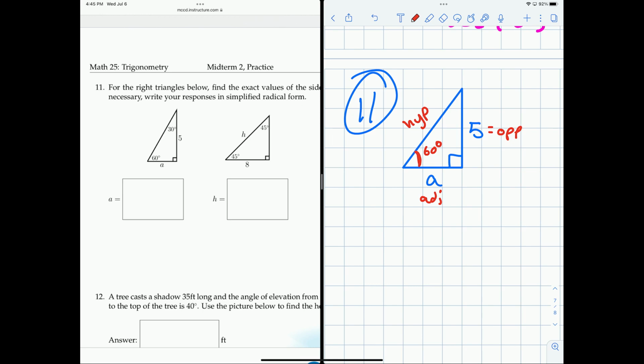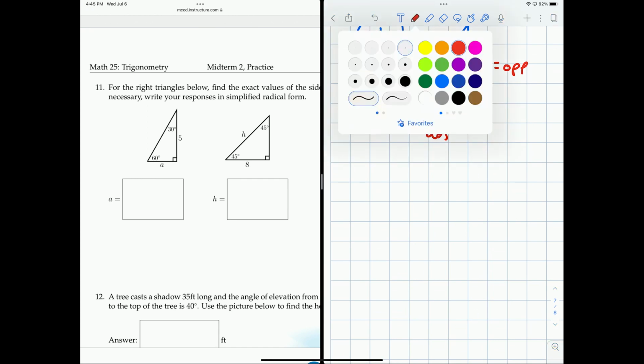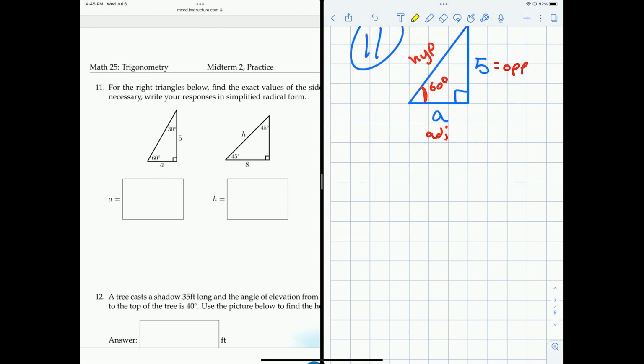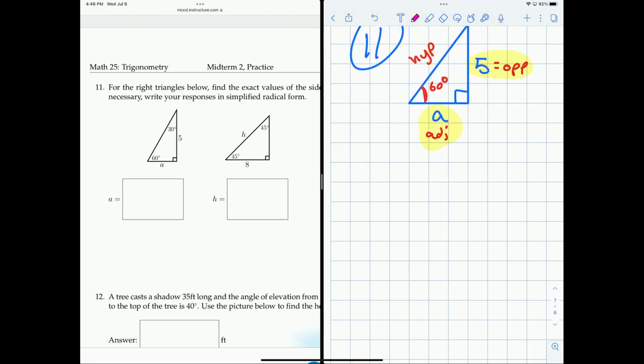I guess I'll use the 60 now just because that's what I've got written. So then what you do is, as before, we know the opposite side, we're trying to find the adjacent side. So you look for a trig function that involves opposite and adjacent. And the trig function that involves opposite and adjacent is tangent. Specifically, the tangent of theta is the opposite over the adjacent.